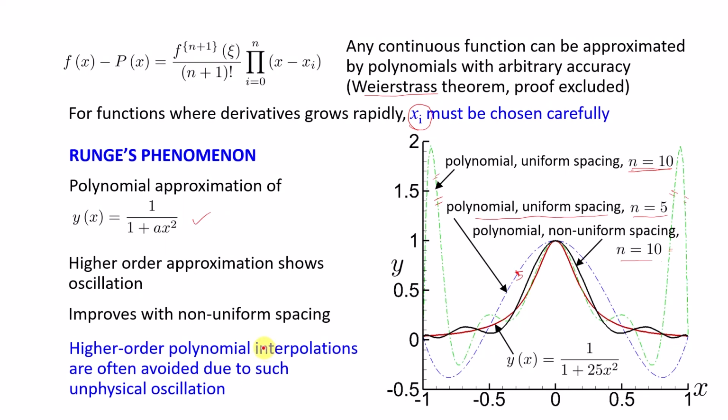We have to do a careful study about the nature of the function, the nature of the points we are approximating, before we can do interpolation with a higher order polynomial. If we have no idea about the nature of the function, then it is probably best not to go with a higher order polynomial.